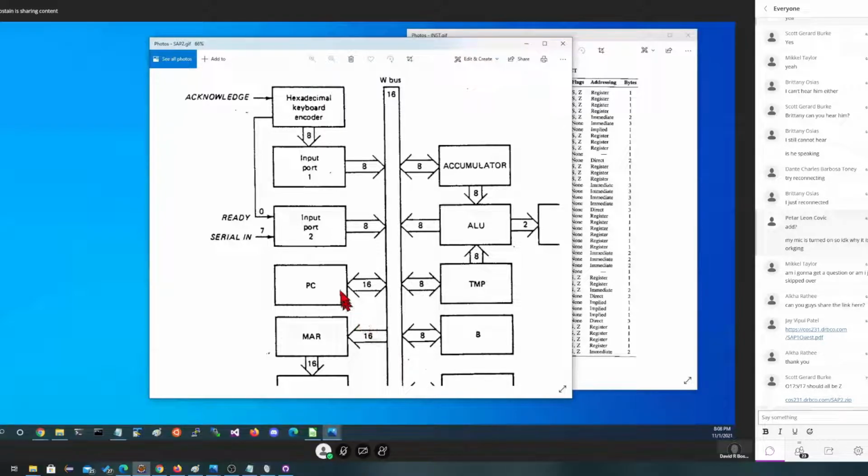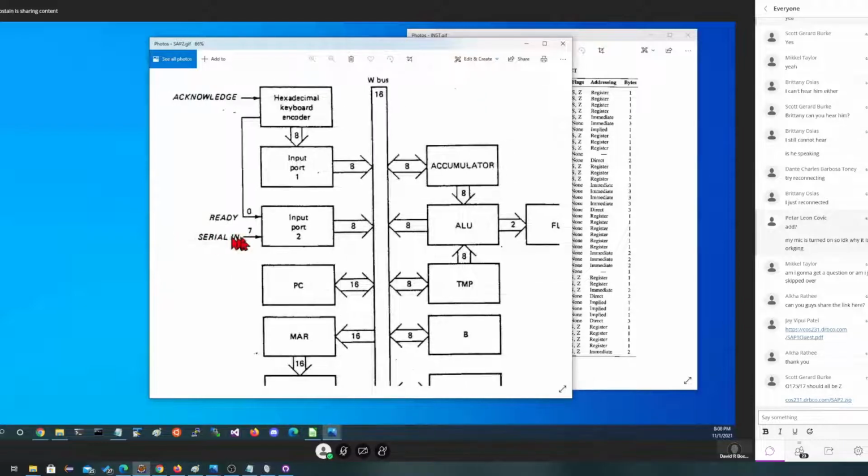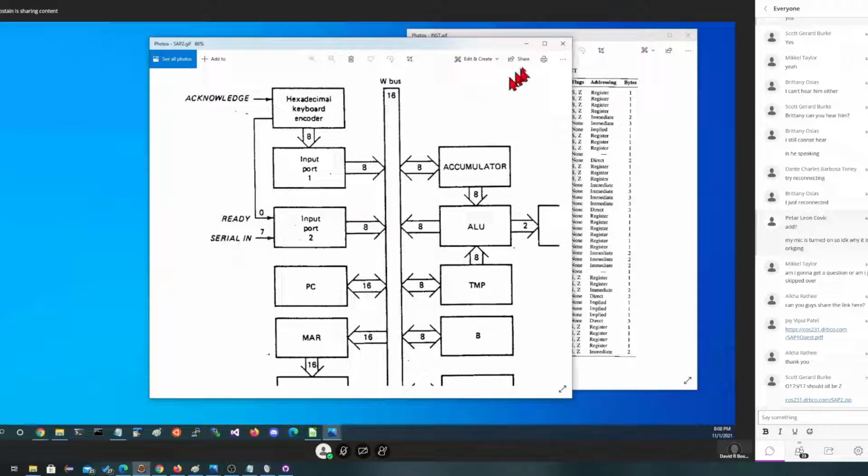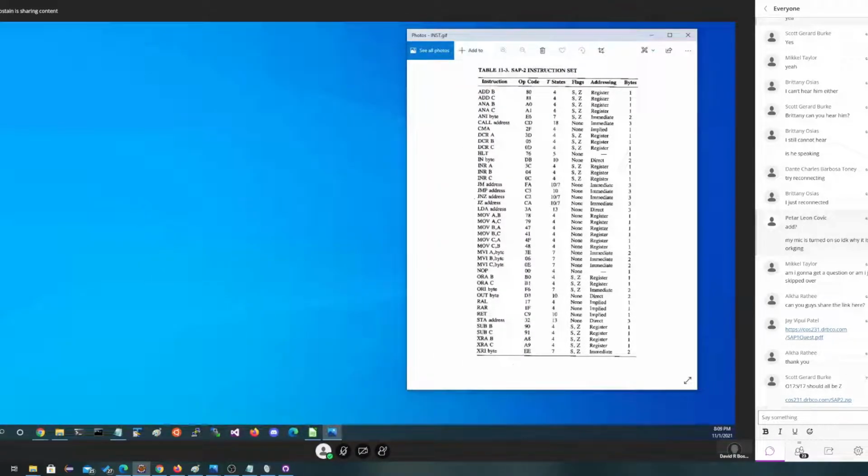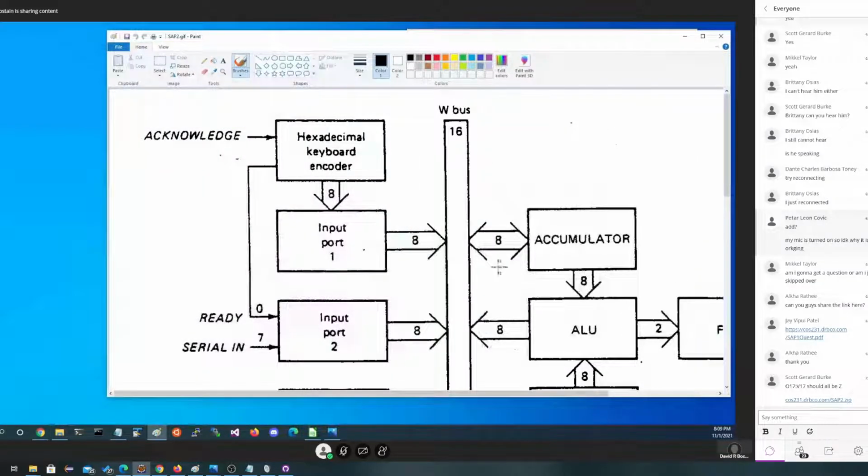First thing we're going to do up here is mark out the serial in. It doesn't exist. Scratch out the serial in. Our machine does not have that feature installed.